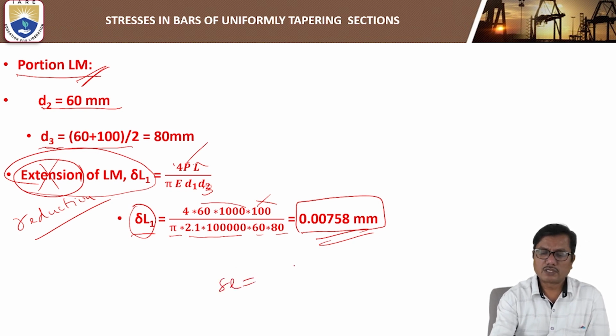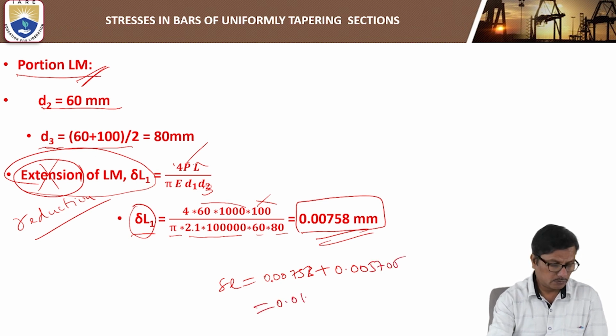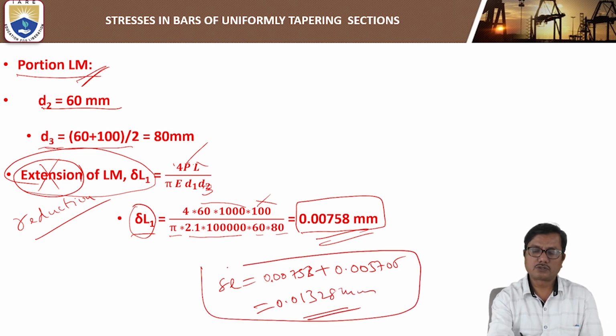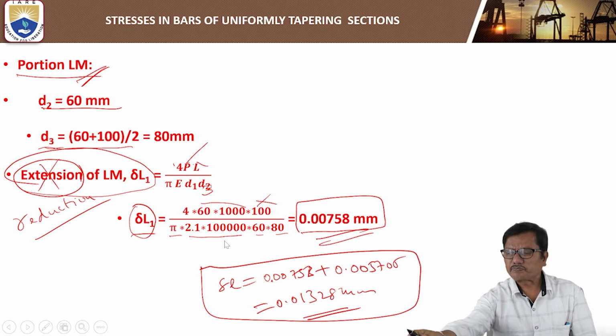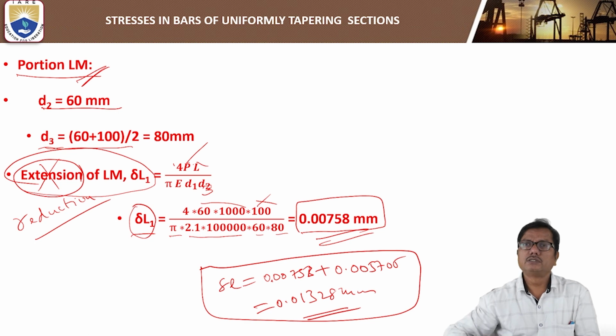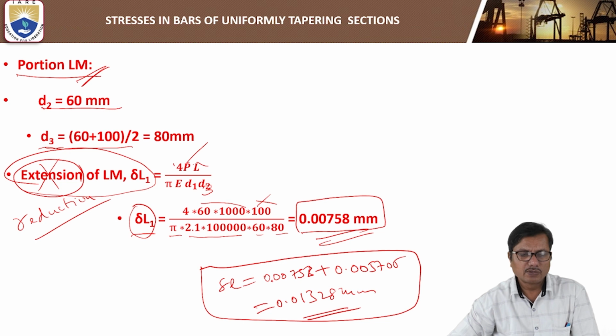So delta L is delta L1 plus delta L2, 0.005705, that is 0.01328 millimeters. So this is the total compression of the member with a cylindrical hole. So that's how we work out problems on tapering bars.